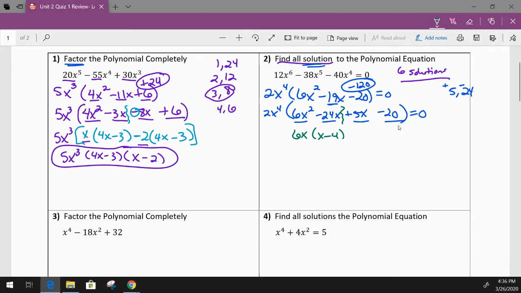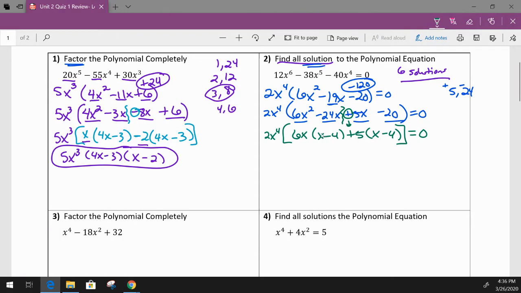The next two terms, I can factor out a positive 5. So again, make sure you bring that sign down. And then 5 goes into both of those. So when I divide 5 out of both of those terms, I'm going to get x minus 4. Okay, so I'm going to put that in brackets because I still have this 2x to the 4th, and this equals 0.